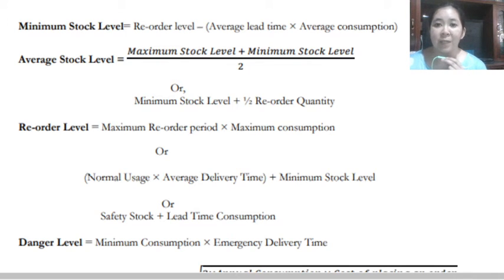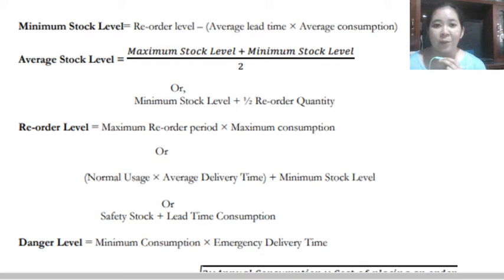When we say safety stock, this is the amount of inventory that is left in the stock room, which will cover for any stock out at the time that the entity placed their order until it is received, to make sure that there are still inventories available.